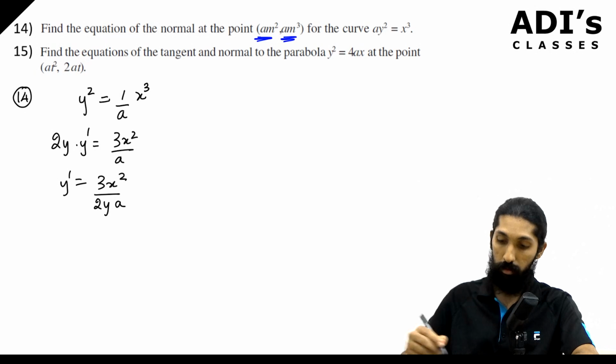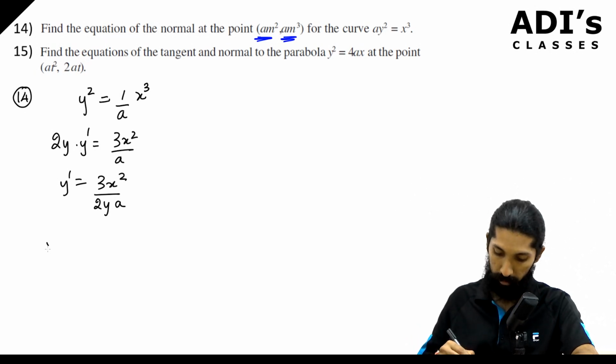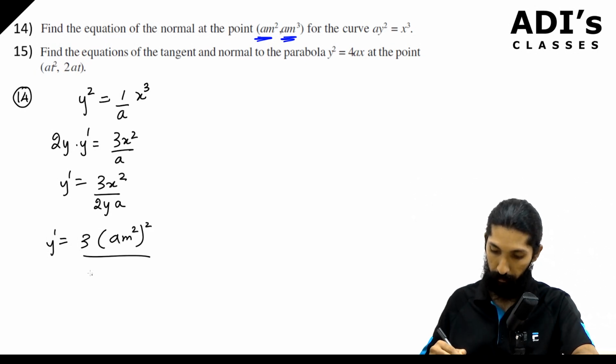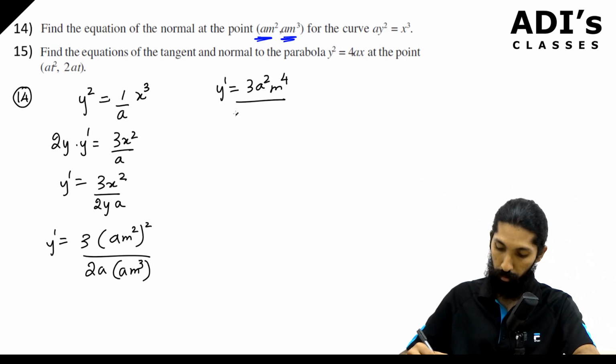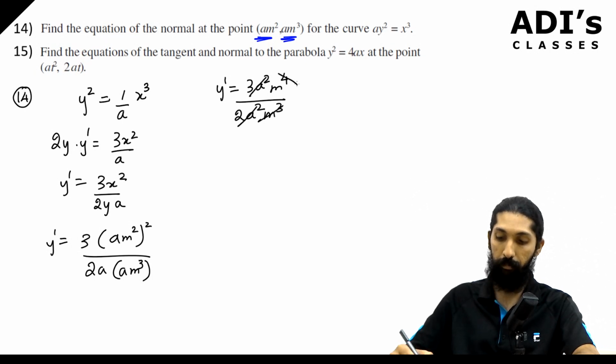Correct? So what we can substitute now, y dash is equal to 3 into (a m square) whole square by 2a into a m cube. So if you substitute, y dash is equal to 3a square m power 4 by 2a square into m cube. A square cancels.